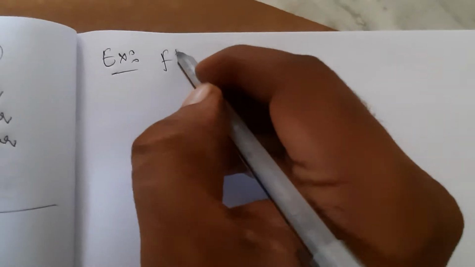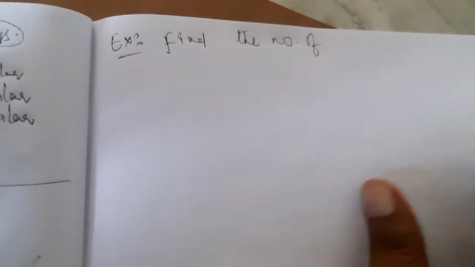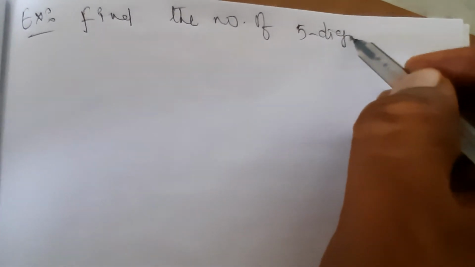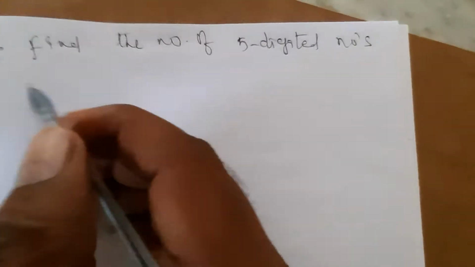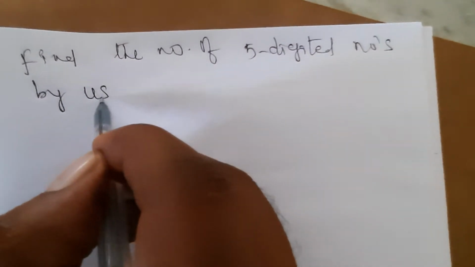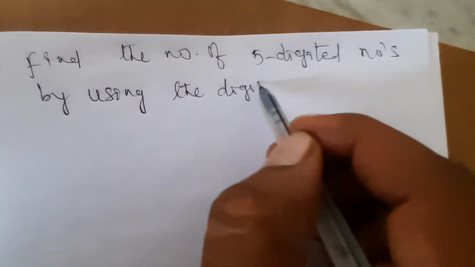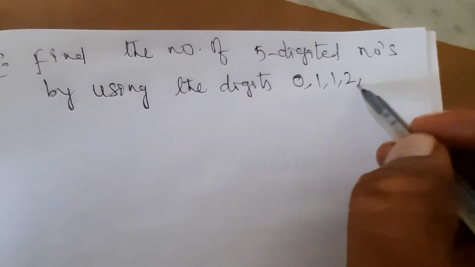Okay. One more example. Here the bit is, one example here they given. Find the number of 5-digit numbers by using the digits 0, 1, 1, 2, 3.